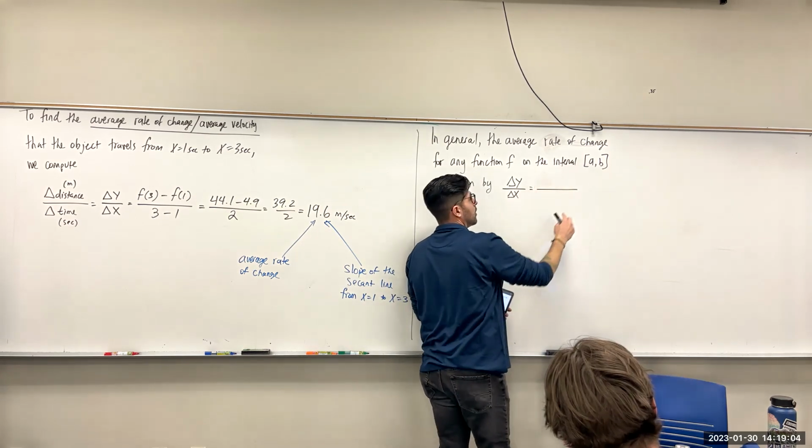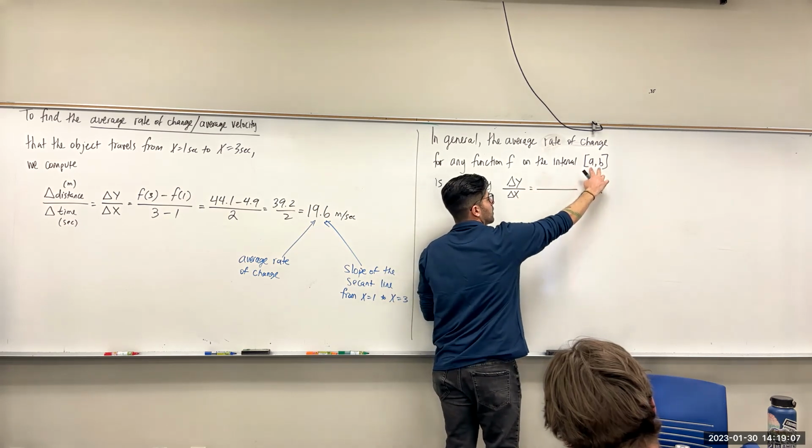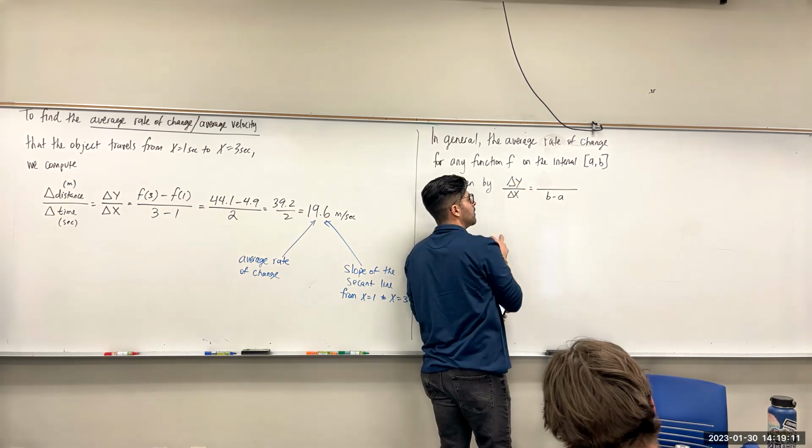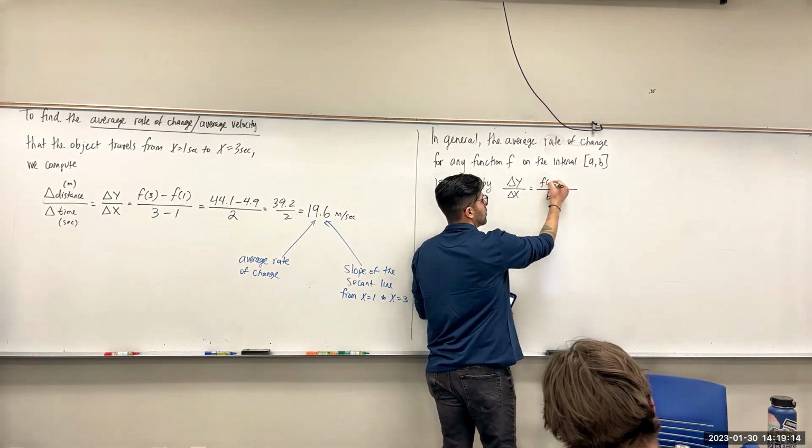In this case, you need to find the change of these two x coordinates, so you subtract them. And then you need to find the change of the y values, so you subtract their outputs, just the way we were doing it right now.